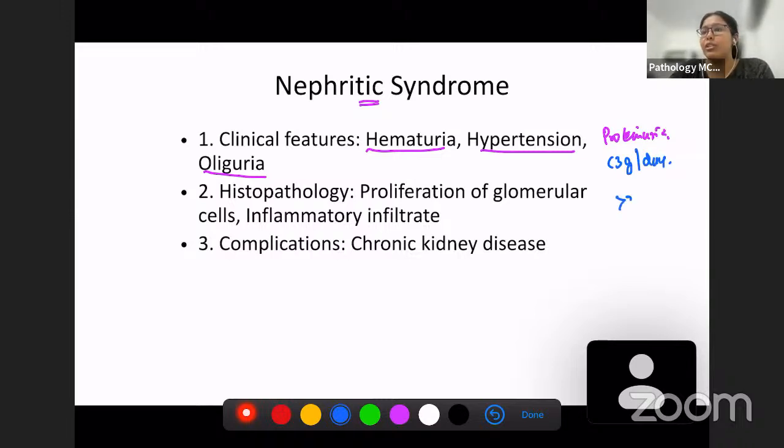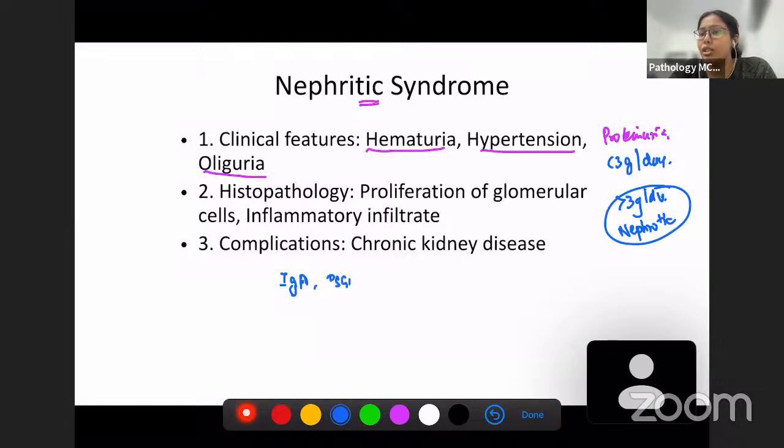If it is more than 3 grams per day, then it is going to be nephrotic. For histopathology, we have to know what conditions are associated with nephritic syndrome. As we already discussed, IgA nephropathy is associated with nephritic syndrome. Correct? PSGN is also associated with nephritic syndrome.